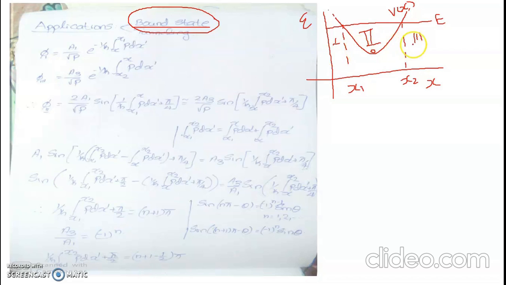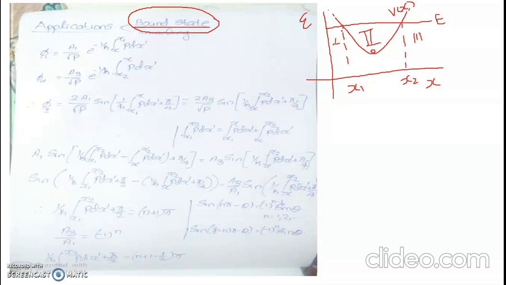Now look at region 1 and 3. These are non-classical regions, and classically there is no probability for finding the particle in region 1 or region 3. However, quantum mechanically, there exists a finite probability.